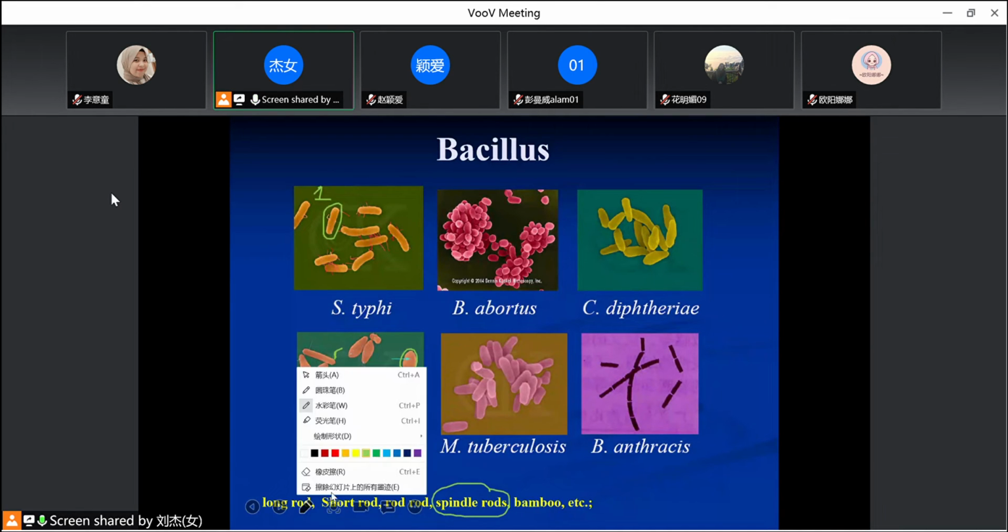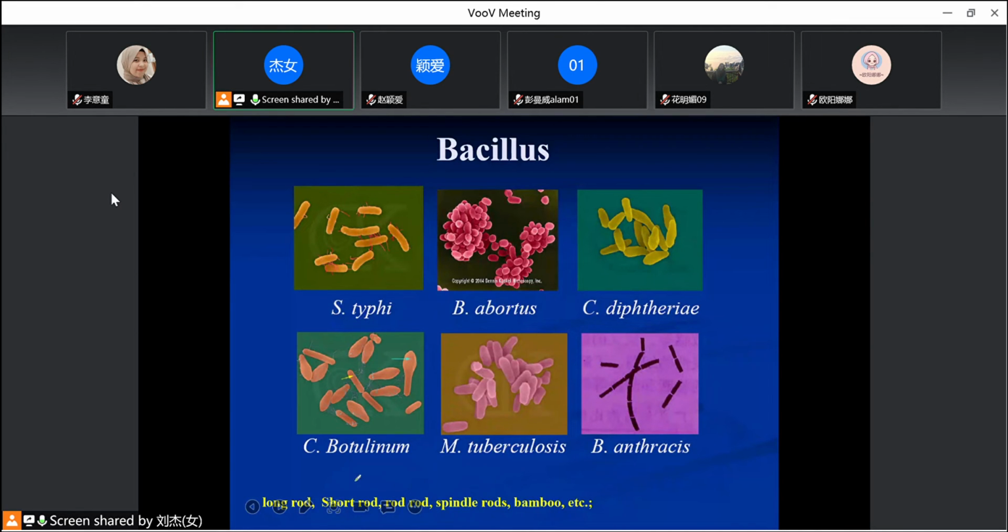Now let me ask you a question. You see this picture, it just shows a special group of bacteria. It's the same kind of bacteria, but why do some of them, this one, look like a stick?